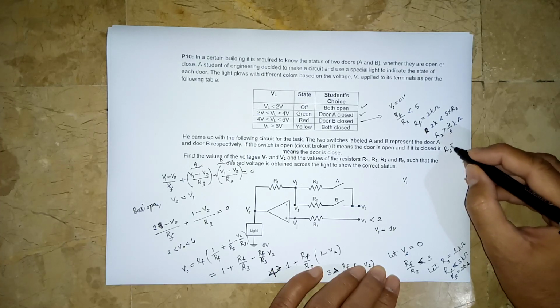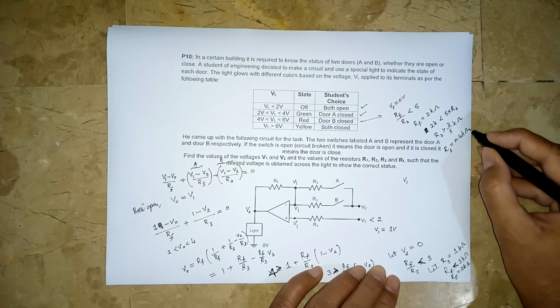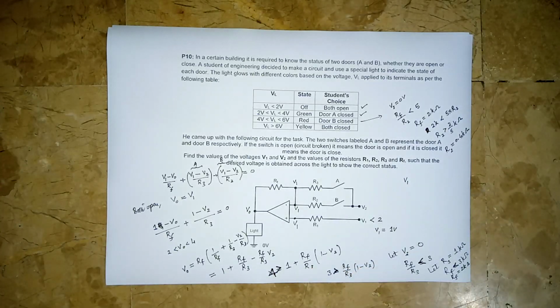Let us say R2 is equal to 2 over 5 kilo ohm, which is 0.4 kilo ohm. So with 0.4 kilo ohm as R2, we are going to get RF over R2, 2 over 0.4, 20 over 4, which is 5.